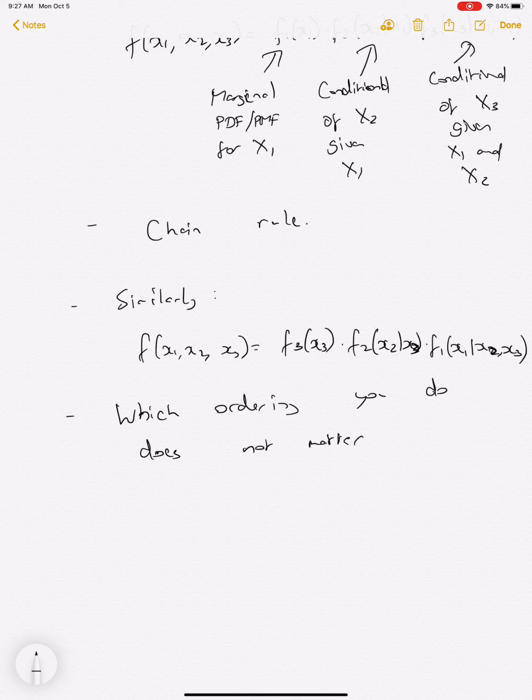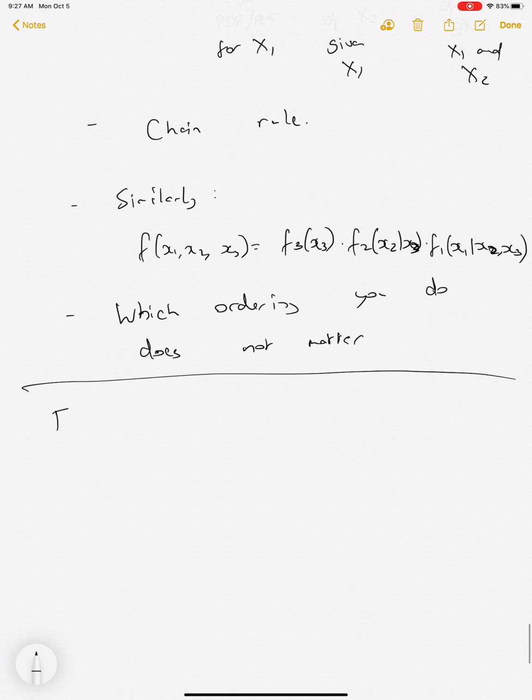In the bivariate case, it's hopefully clear to you that this is true. Then if you want to go to 3 variables, you're just extending the bivariate case, and you can keep doing that up to p. So again, if things confuse you in the multivariate case, going back to the bivariate case is useful. Okay, and so now let's talk about factorization over DAGs. And this is where this notion of parents comes in.